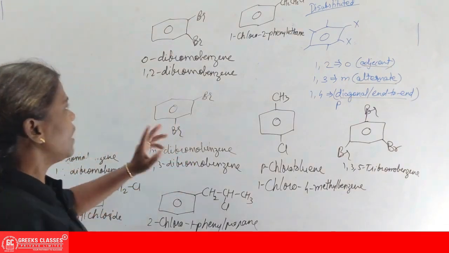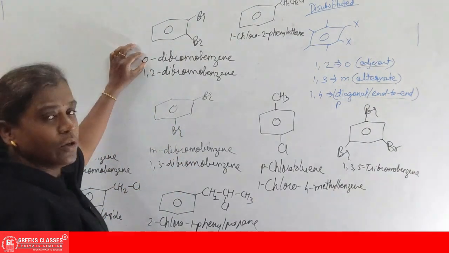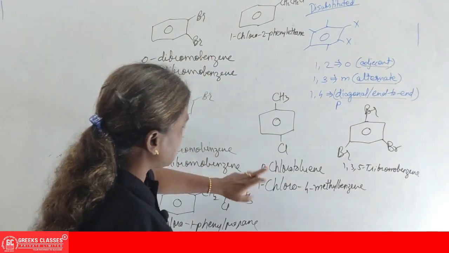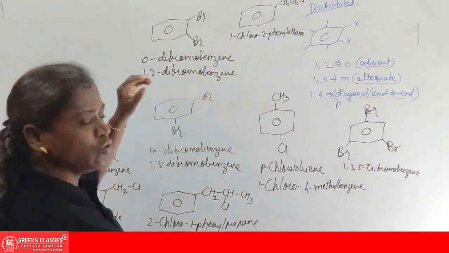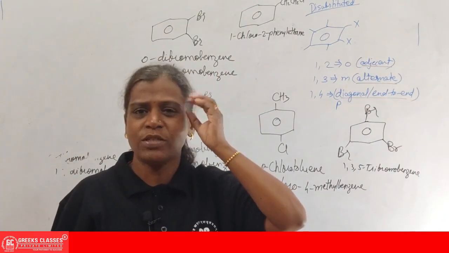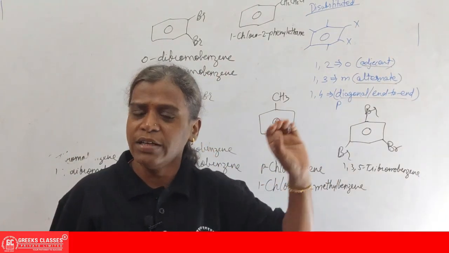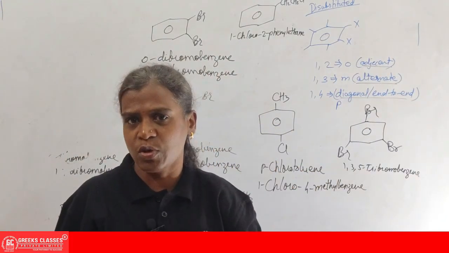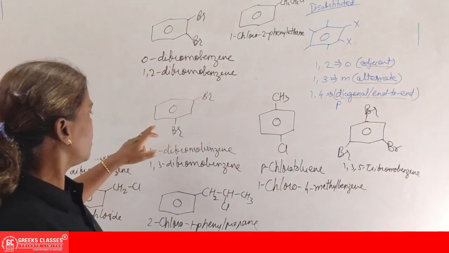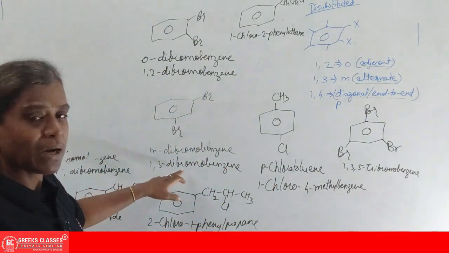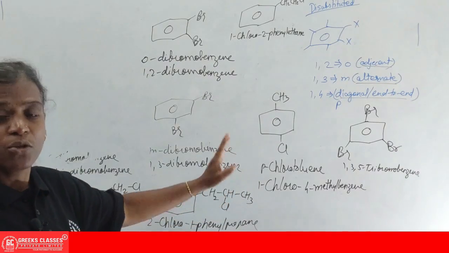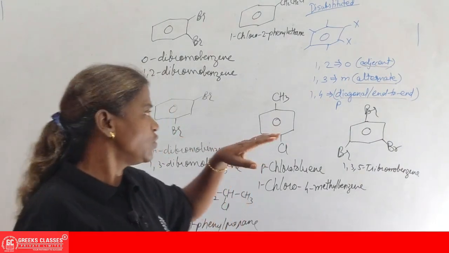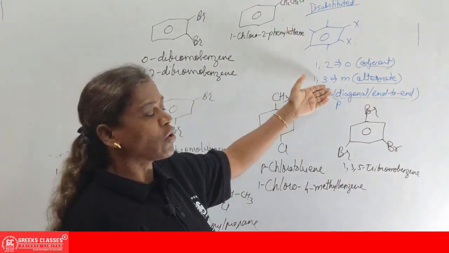Okay, see now, let me tell you. The prefixes ortho, meta, para are used for common names. For numbering, you do one thing: better fix in your brain writing the nomenclature using the number system only, even for aromatic compounds. So better leave out the confusion of when to write ortho, meta, para.